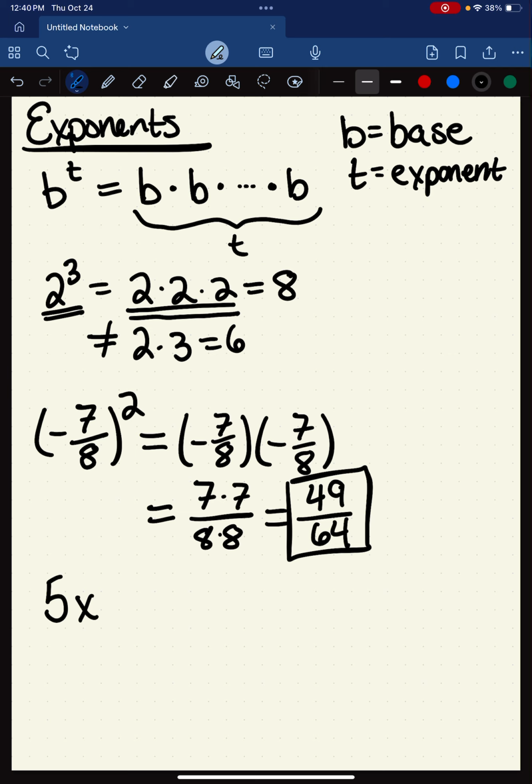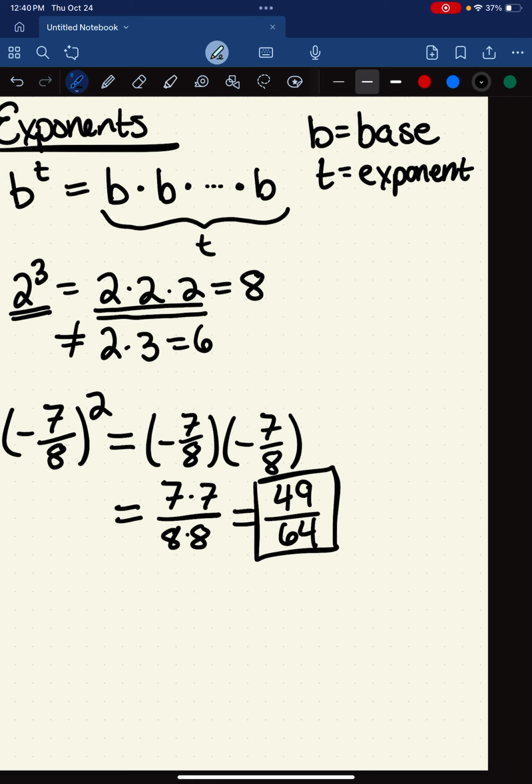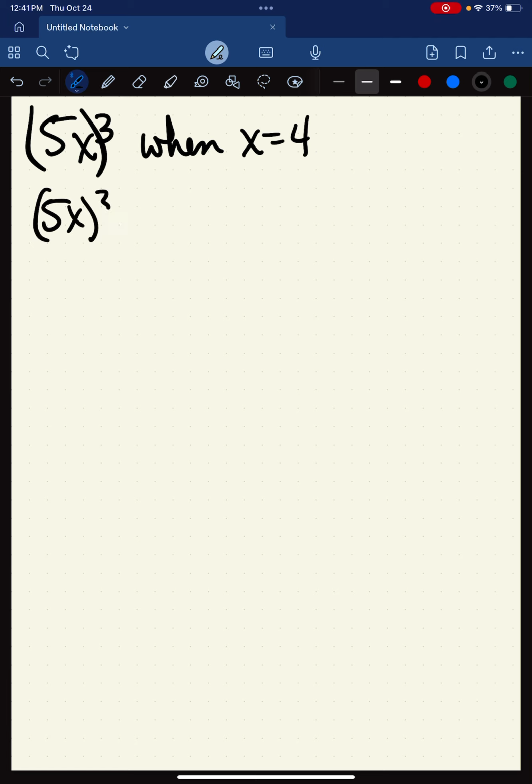Let's do another example. Let's do 5x cubed when x is equal to 4. Maybe what we'll actually do is move this to the next page because I have something I want to show you with that. 5x cubed, we'll do this, (5x) all cubed when x is 4. What this represents is 5x times 5x times 5x.